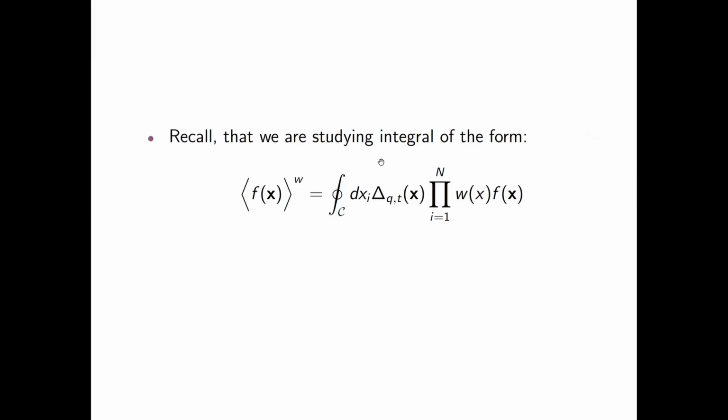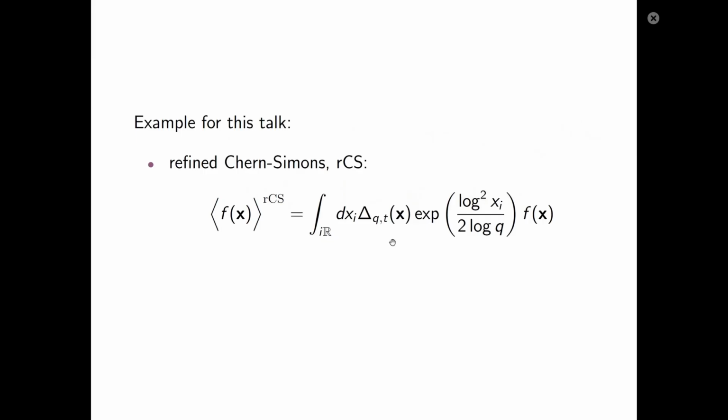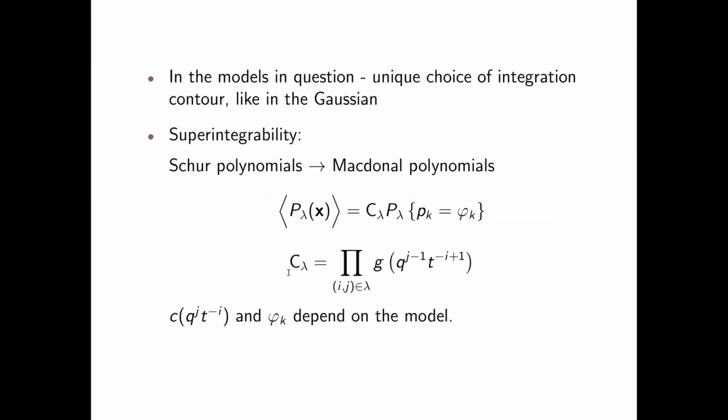And then the working example for this talk is going to be this refined Chern-Simons model with the specific potential. It's just the simplest case. As I said, I'm going to restrict myself to those models that have a unique choice of integration contour, like in the Gaussian case.